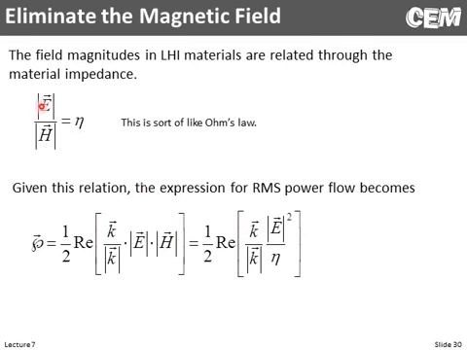So we can use this relation. We can solve for H and then go in and replace H with that expression. If we solve this for H, it's E over eta. So in the end, we get the direction, and now our magnitude is E squared over eta, the impedance. So we just eliminated H. That's all we did there. Everybody good?